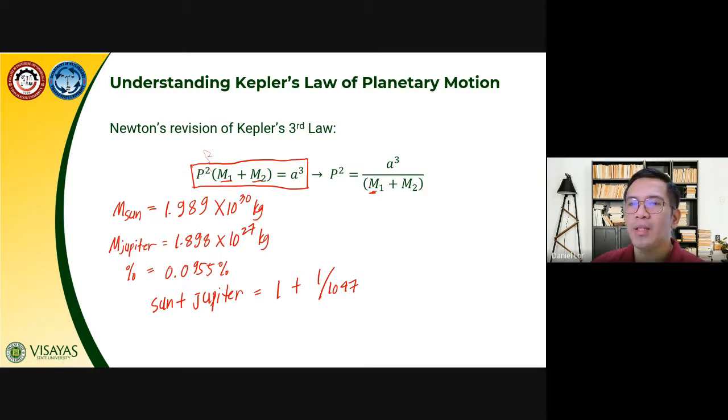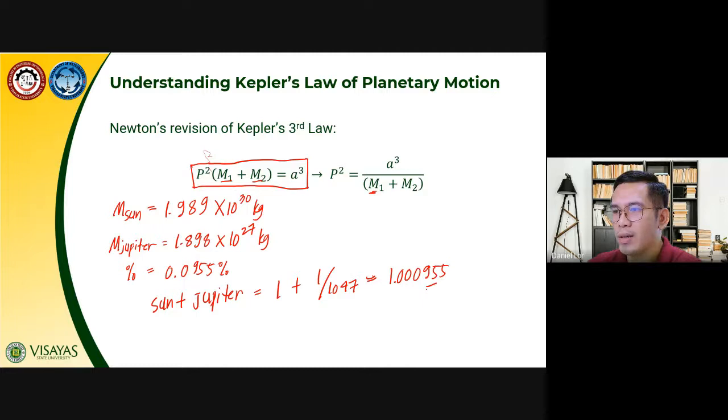Again, this mass correction term is important, especially when it is significantly different from a factor of 1. Kung ni siyang i-add, that is around 1.000955.